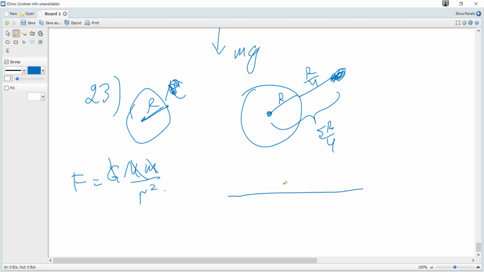The numerator is the force at the surface, which is 1 over R squared, and at this point it becomes 1 over 5R over 4 squared, and it's 25 over 16. It's C.